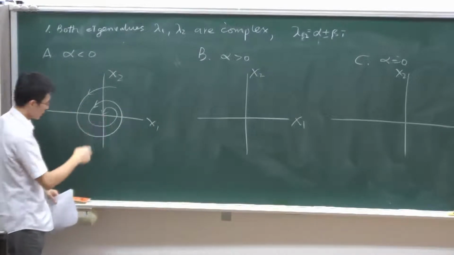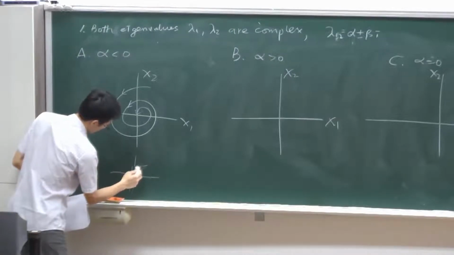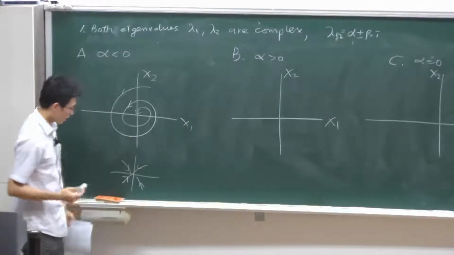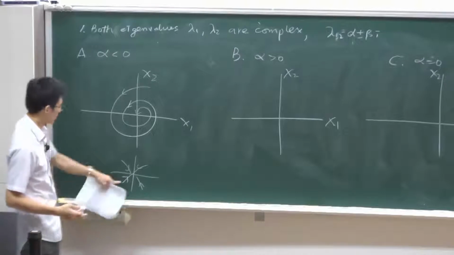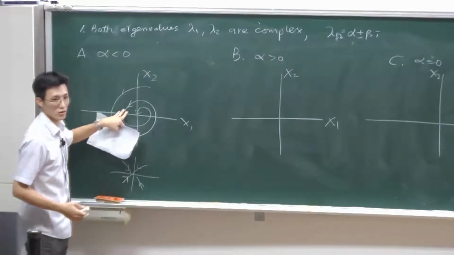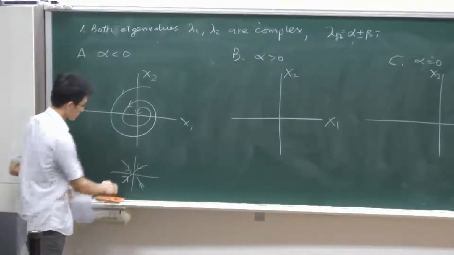In the previous case, for real eigenvalues with negative values, it's like this. So both are stable, but this one is for complex eigenvalues.